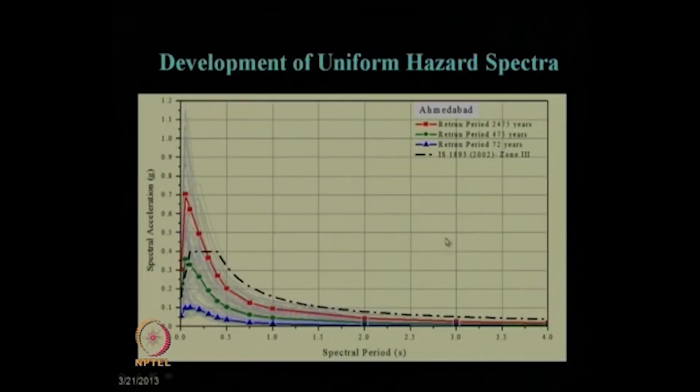So, this is the comparison you can see, development of that uniform hazard spectra. That spectral acceleration curve is nothing but, as we mentioned already, UHS or uniform hazard spectra, which finally we can compare with our codal provisions or codal values as given in our IS code, IS 1893 part 1, 2002 version, for zone 3.